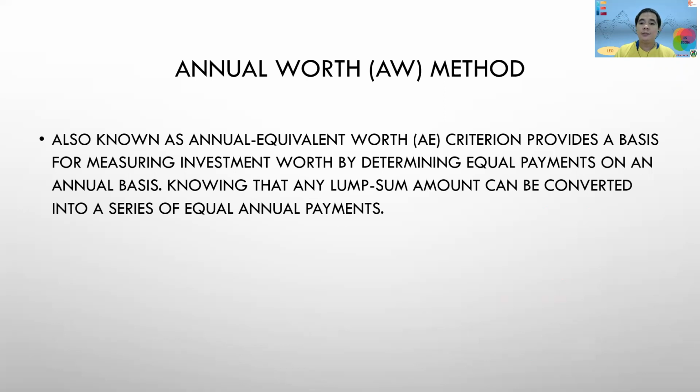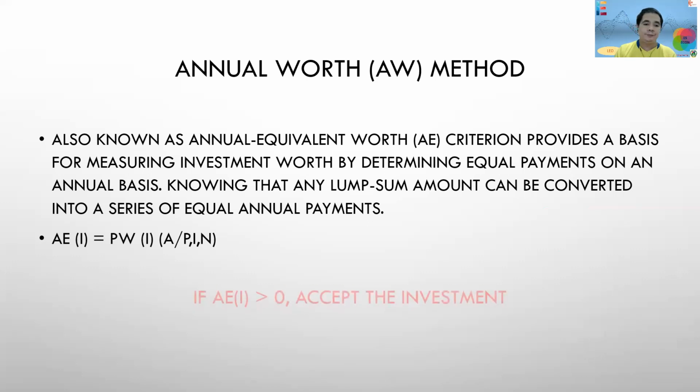Knowing that any lump sum amount can be converted into a series of equal annual payments, you can compute for the annual worth. AE is equal to the present worth multiplied by A over P, I, N. That is your factor for an annuity worth using a present value.